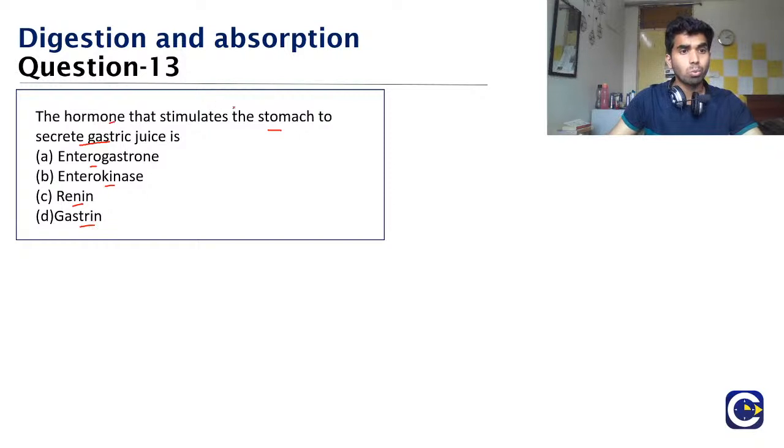It is a hormone that stimulates the gastric juice. I can give you a hint that the name is similar to that of the gastric juice. So what is it? The hormone that acts on the stomach to increase the gastric acid secretion, yes, anyone? I am waiting for your response.